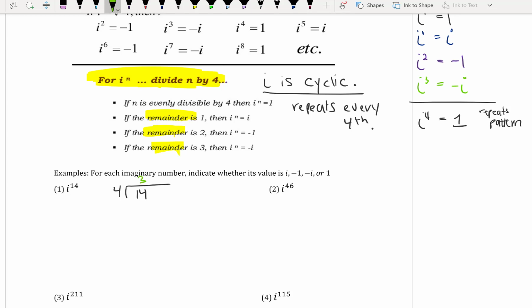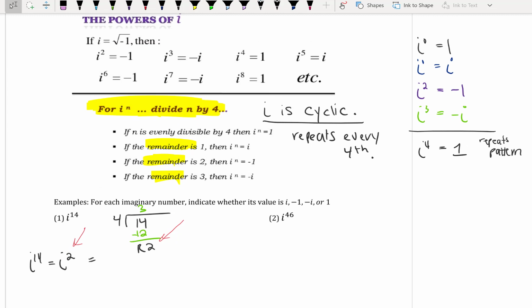Well, I know that 4 times 3 is 12, and 14 minus 12 gives me 2. So my remainder here is 2. So I can say that i to the 14 is i squared, because that's my remainder. Well, i squared, don't forget, I have it over here. i squared is really -1. So my answer is going to be -1.